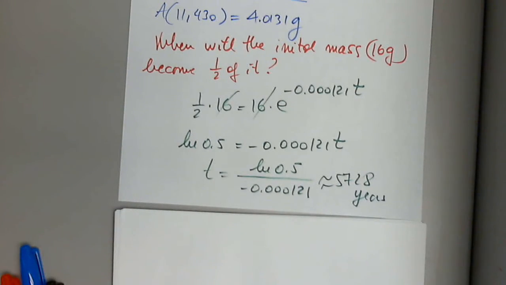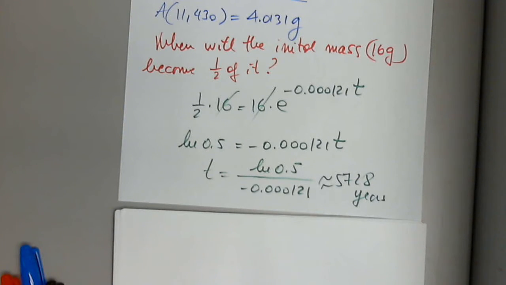You didn't put the negative in the denominator, or you didn't put 0.5 in the natural log. Oh, you're right. I put 5 instead of 0.5. Because it's impossible. We know that something is wrong. Time cannot be negative.